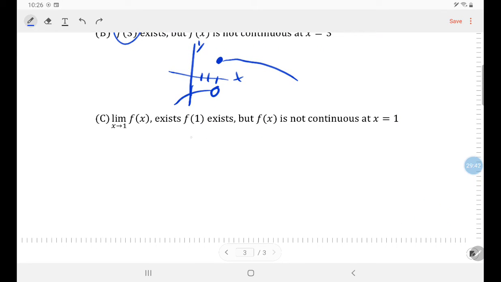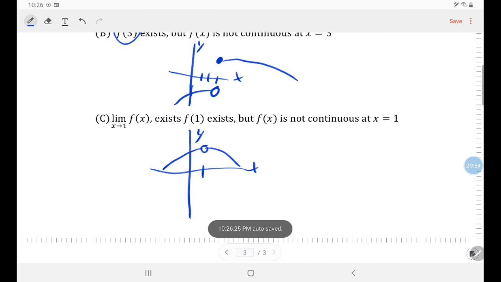And then part C, here's y, here's x. I need the limit at 1 to exist, so I'm going to put a hole. F of 1 to exist, well, could I just put a dot there? That would make both the limit and f of 1 exist, but I need it to be not continuous.